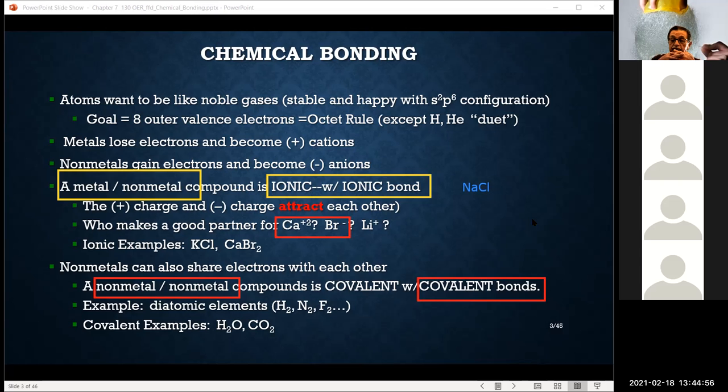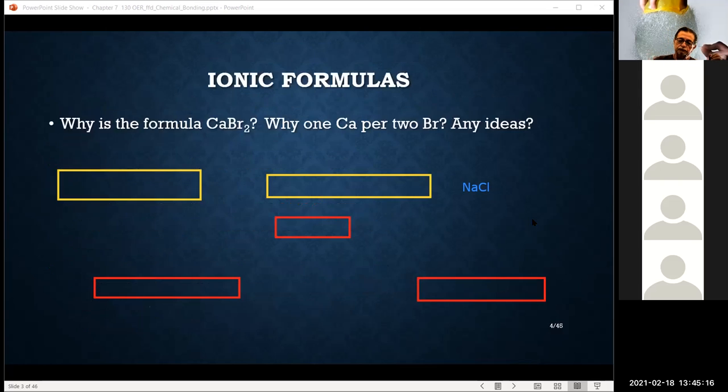That sharing can be equal sharing or unequal sharing. And the subset of covalent bonds is what we're going to learn with time here. Covalent bonds will give you either polar bonds or non-polar bonds. Okay, but we'll get to that.